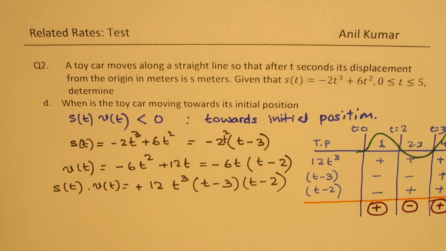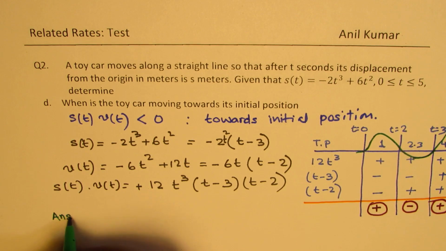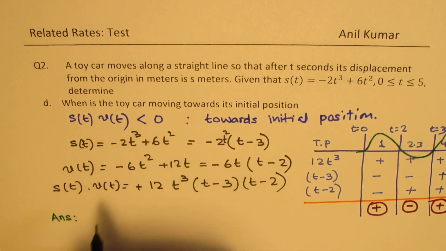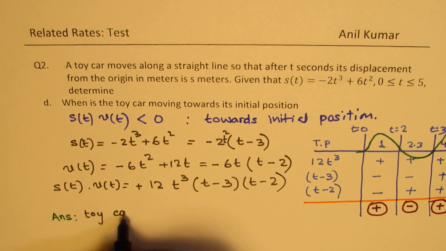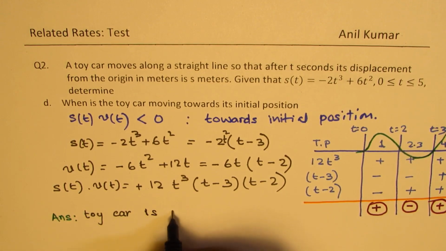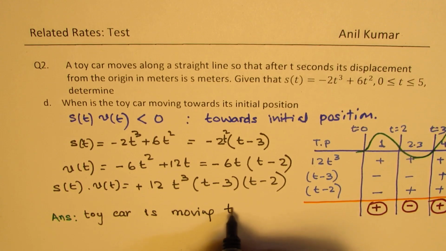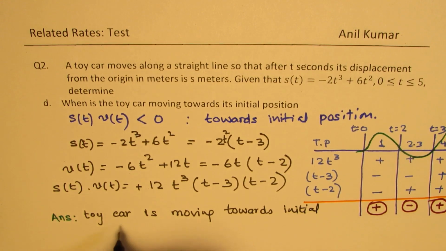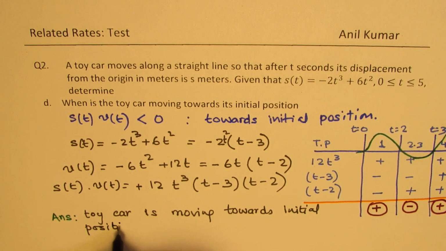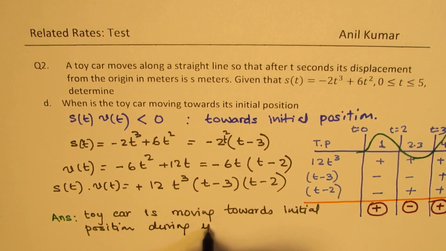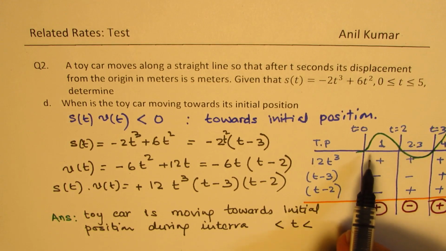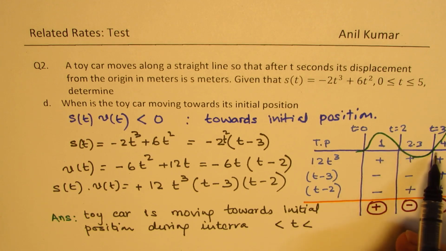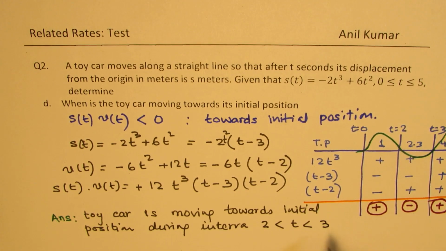So we can now write down our answer, and our answer is that the toy car is moving towards the initial position during the interval, which we can write as an inequality, between 2 and 3, in seconds, right?